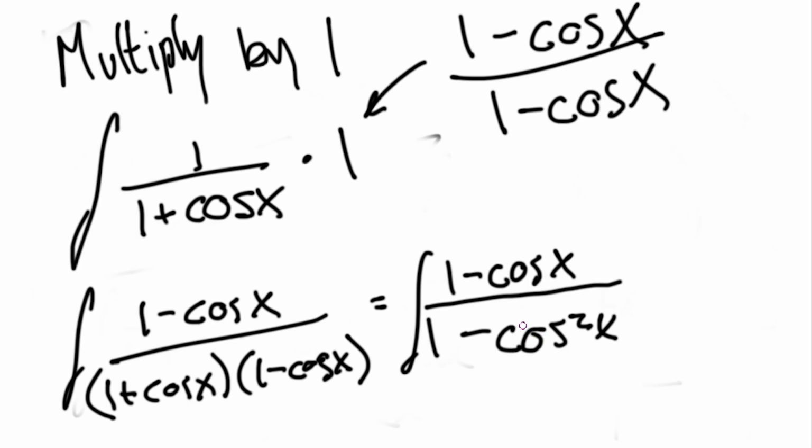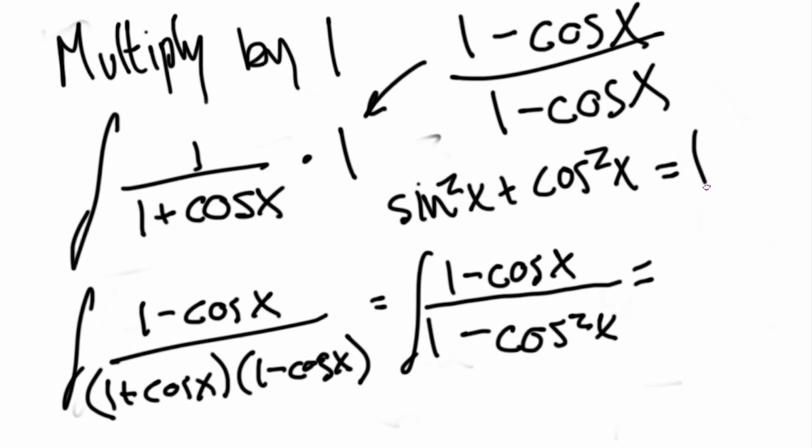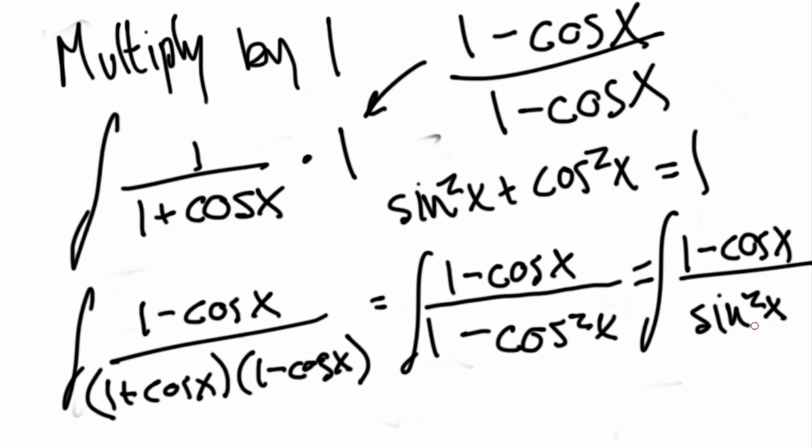Now this might not look easier, but it is a lot easier to solve. Knowing our Pythagorean trigonometric identity, sine squared x plus cosine squared x equals 1, we can rewrite this as the integral of 1 minus cosine x over sine squared x, because 1 minus cosine squared x is equal to sine squared x.